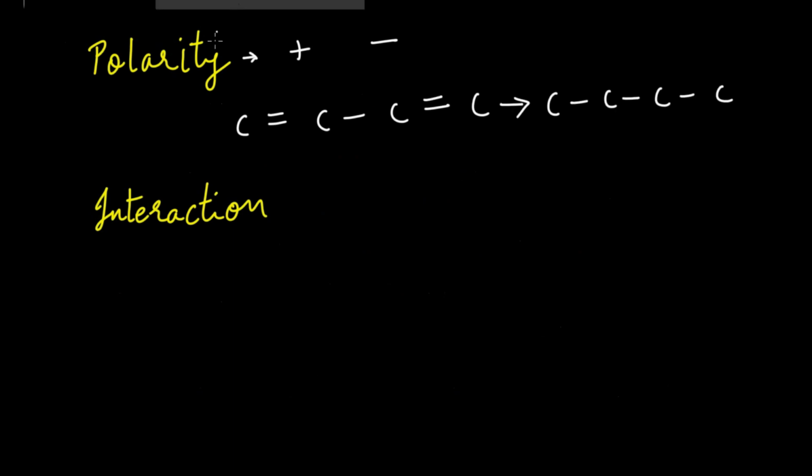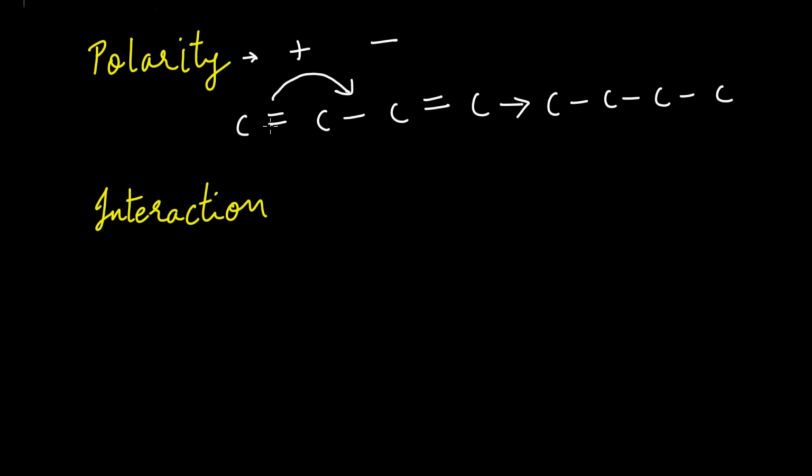Polarity simply means creation of positive and negative charge in a molecule. Let us consider a simple example. When a pair of electron gets transferred, this molecule is in conjugation.